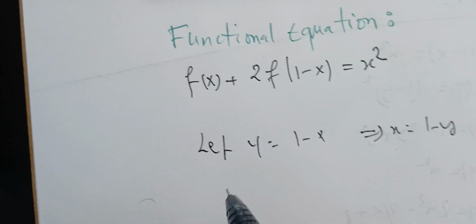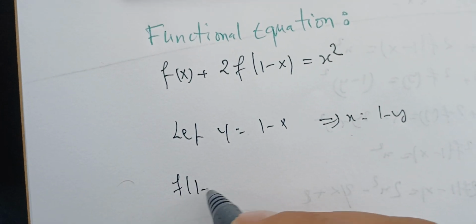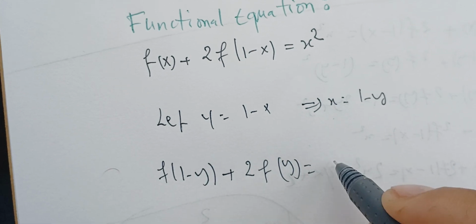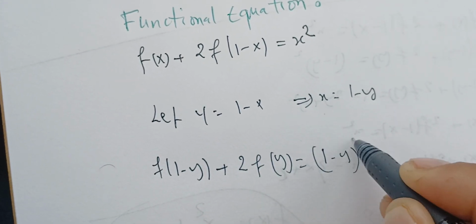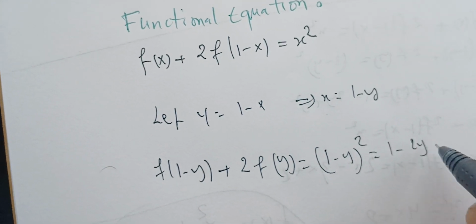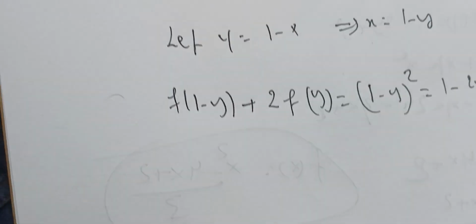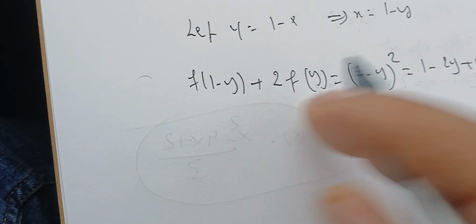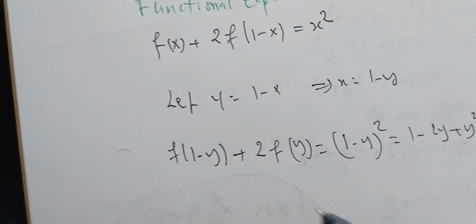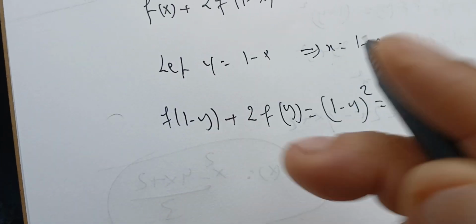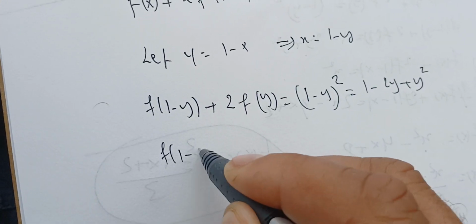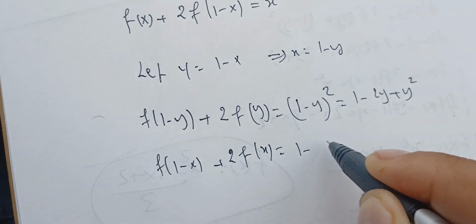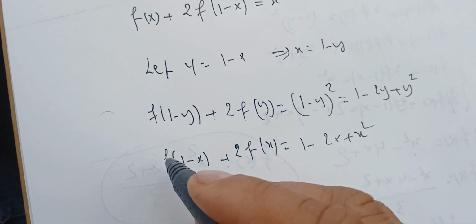So we plug it in the first equation, we get f of 1 minus y plus 2f of y equals 1 minus y squared, which is 1 minus 2y plus y squared. Since y is a dummy variable, we can call this y x. So we have f of 1 minus x plus 2f of x is 1 minus 2x plus x squared.